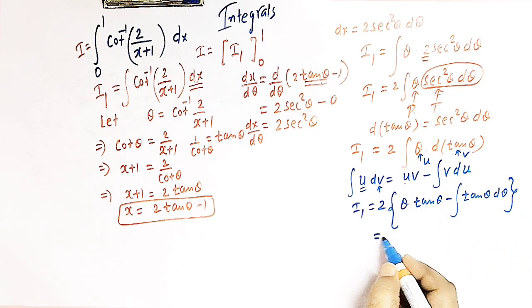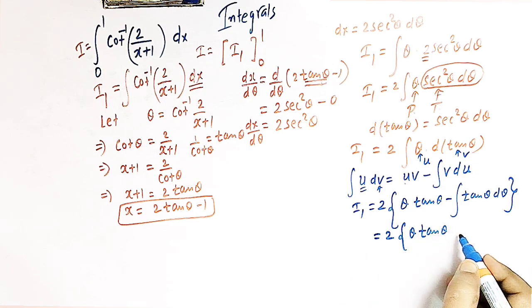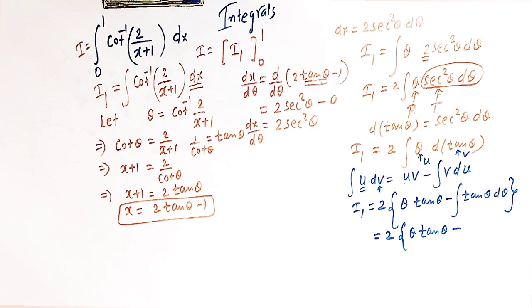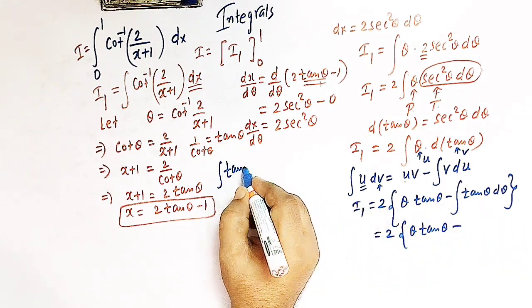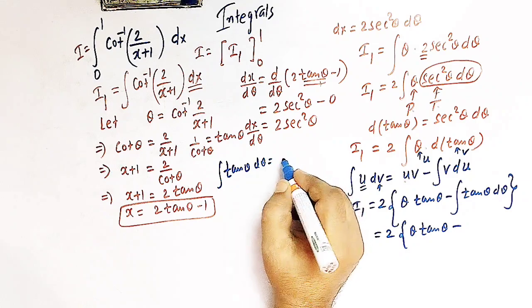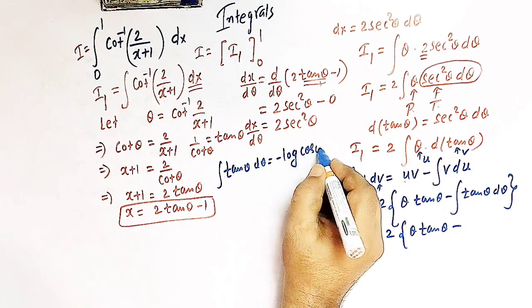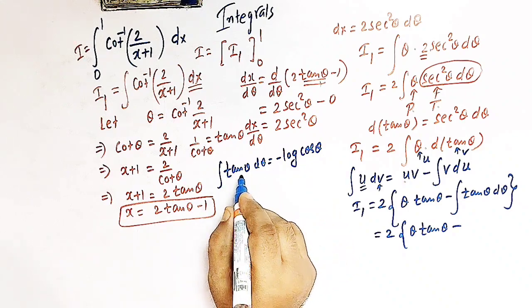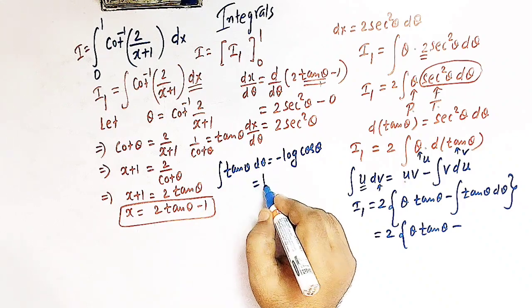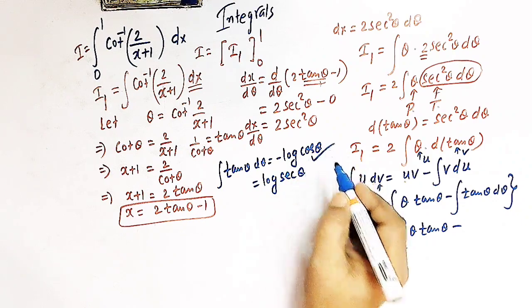So now we have 2 times theta tan theta minus the integral of tan theta, which is equal to a negative of log of cosine theta. We can also write the integral of tan theta d theta as log of secant theta. So we'll use this result.